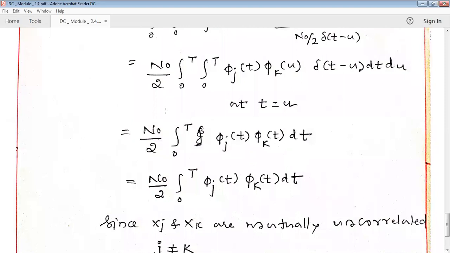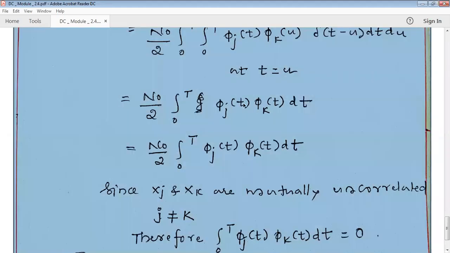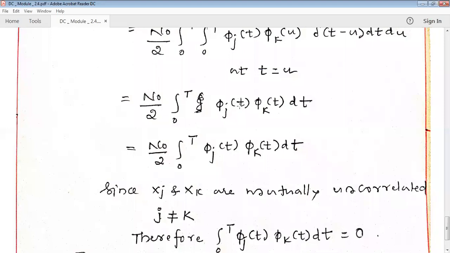The remaining term will be N naught by 2 times the integration from 0 to T of phi j of t and phi k of t dt. And here, inside the integration, you can observe these two basis functions are not identical, they are different, because here we have the subscript j and here we have k, even though the function arguments are similar in both, that is t.